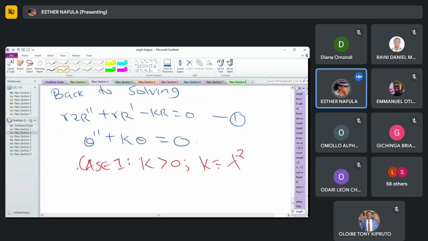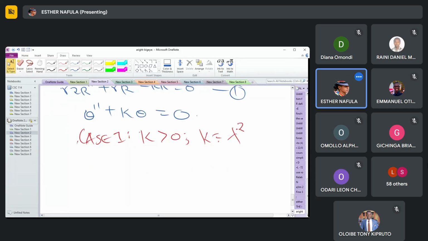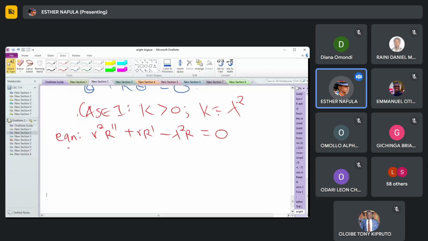So solving equation 1, we will have r squared r double prime plus r prime minus k times r. So k is lambda squared. We have minus lambda squared times r equals 0. So this is Cauchy-Euler in the variable r.